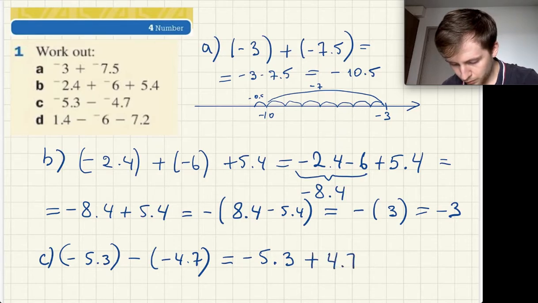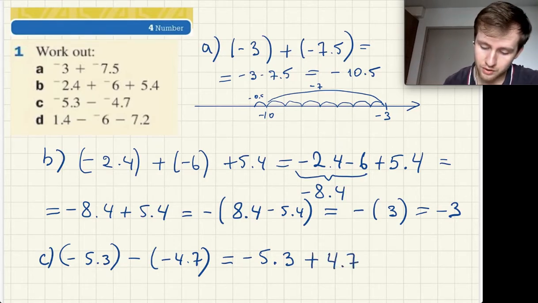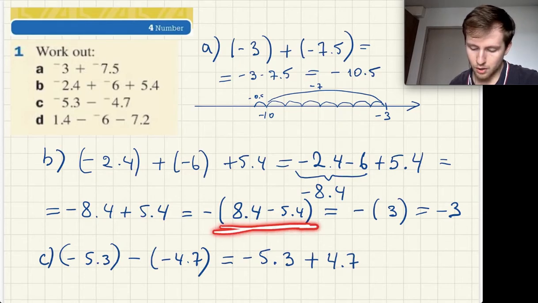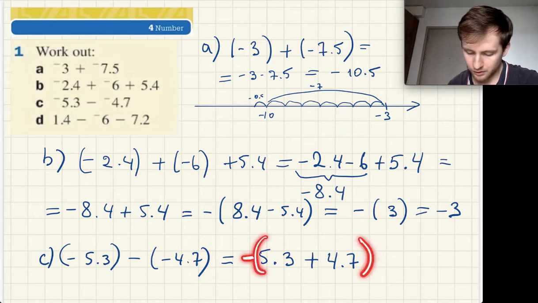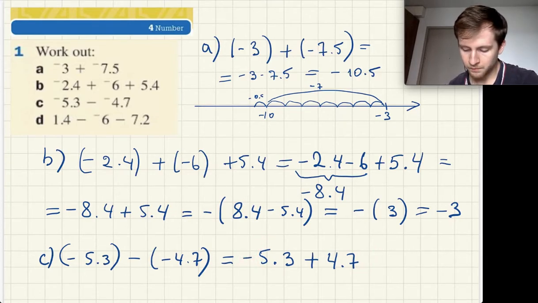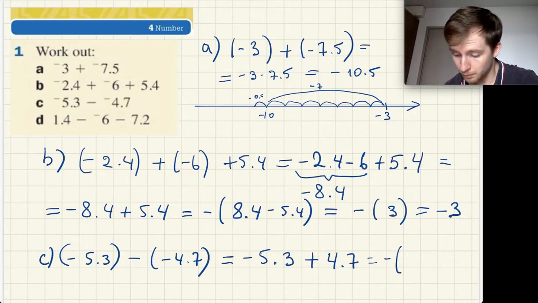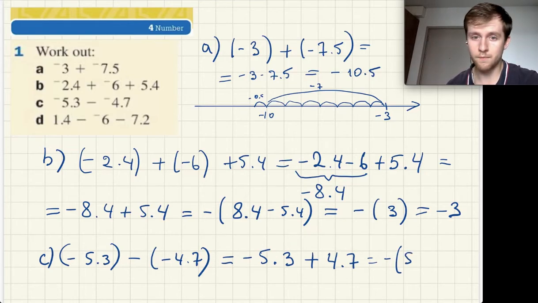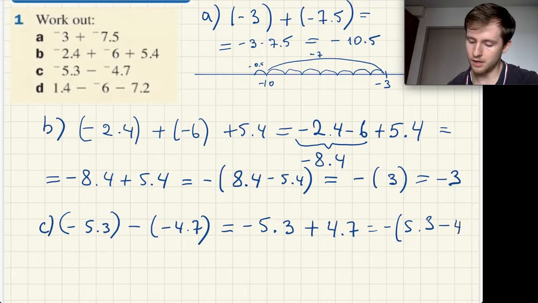I think now we can use the same methods as we used here, which is we can take the minus out of brackets like this, and then we can change the sign of every number. So let's say minus out of brackets, then -5.3 becomes positive 5.3, and positive 4.7 becomes -4.7, like this.